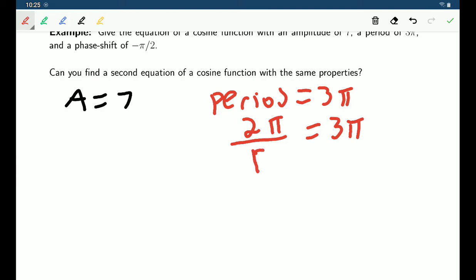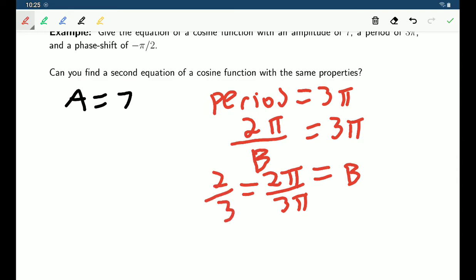I'm going to choose to use a positive value for b here. And then if I were to solve this equation, if I were to bring the b up to the right side and divide the other side by the 3 pi, I could find out that my value for b should be 2/3. So I'll just summarize that over here in the corner. b is 2/3.